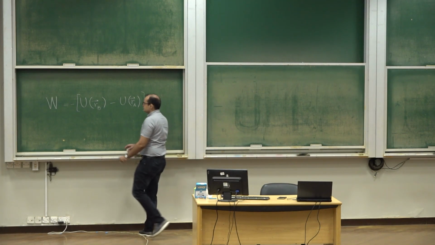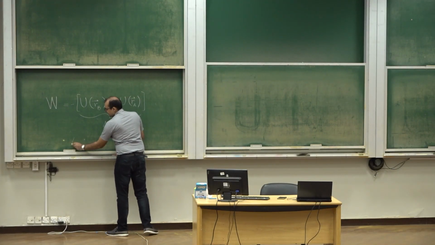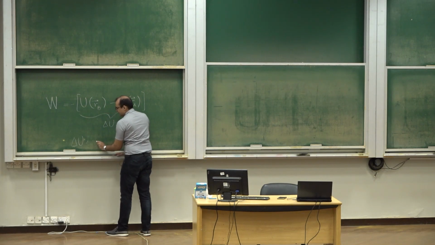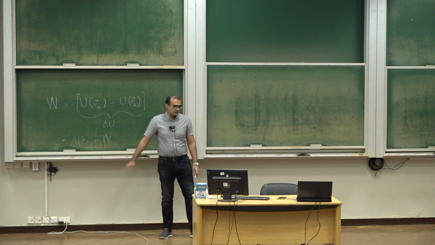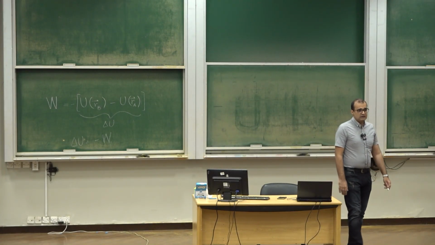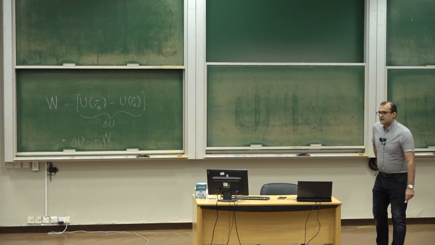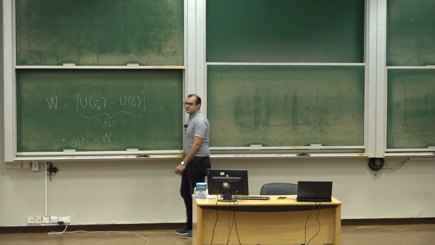In other words, delta u, the change in the value of this function, equals minus the work done by the conservative force. Notice over here, this w is the work done by the conservative force. It's not the total work done on the particle. Right, and then we looked at some particular examples of this function.